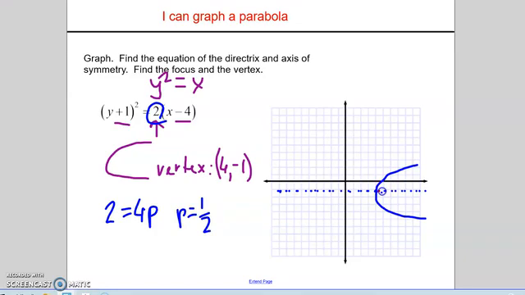So just 1/2 in here, a little bit in and a little bit out, is where my directrix is going to be, and then my focus is a little ways in there. So this is my directrix, and that is my focus.